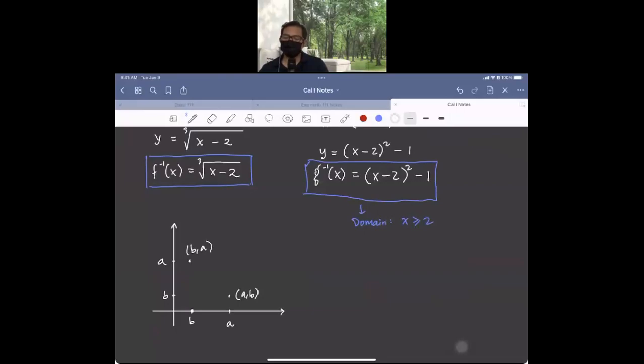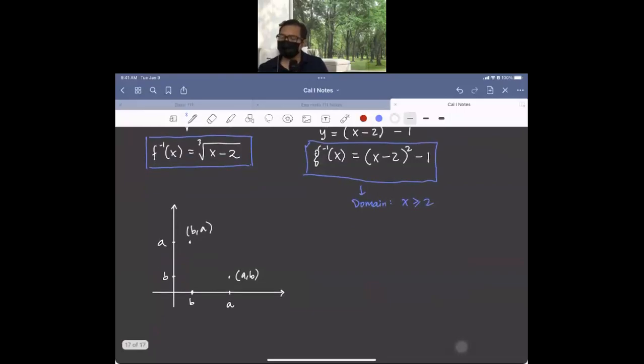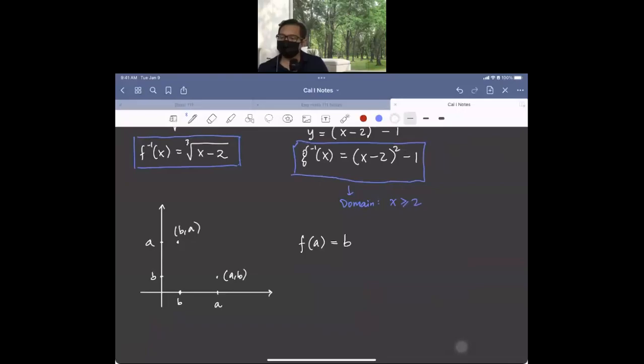B and A are just values. Maybe B is 1 or 2, and A is 4, 5, 6, any number. So if we think about the function and its inverse, when we put A into the function, it should be equal to B, and this will happen if the f inverse exchanges B and A.